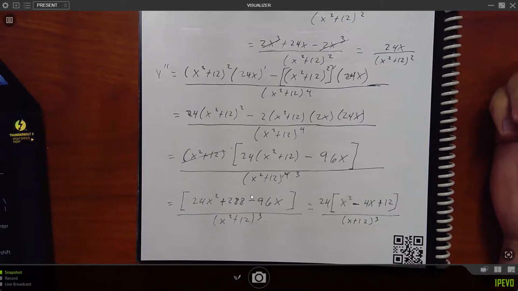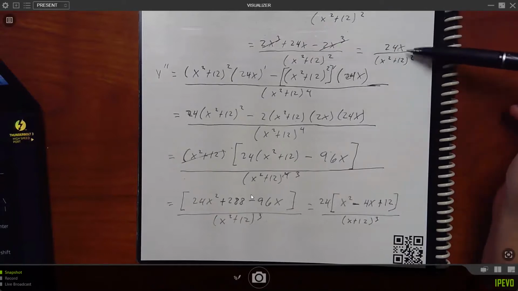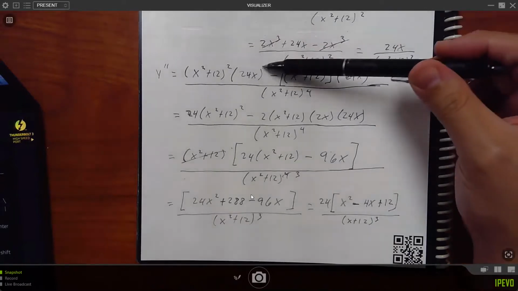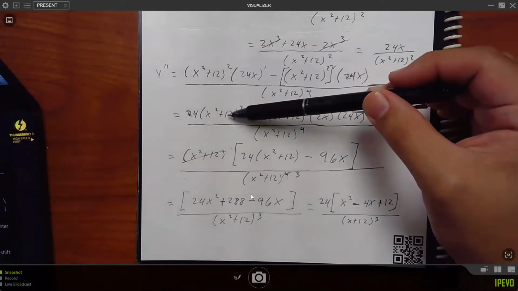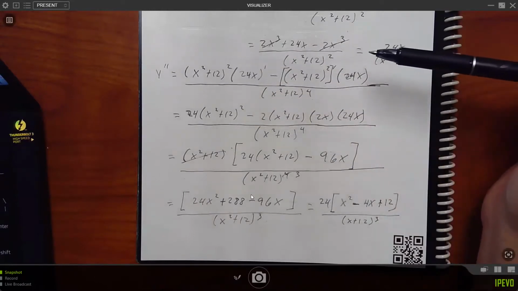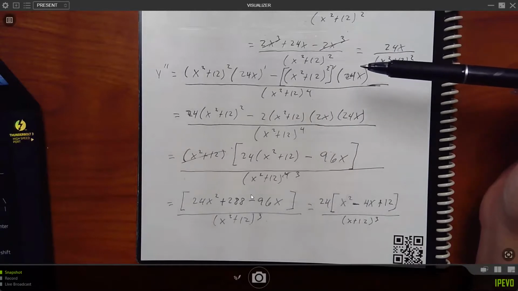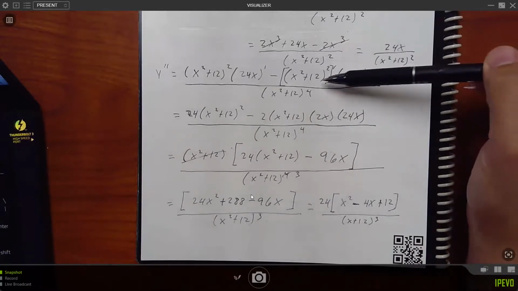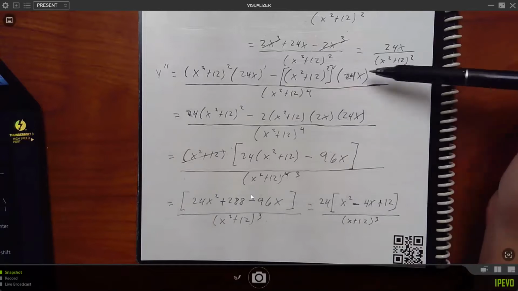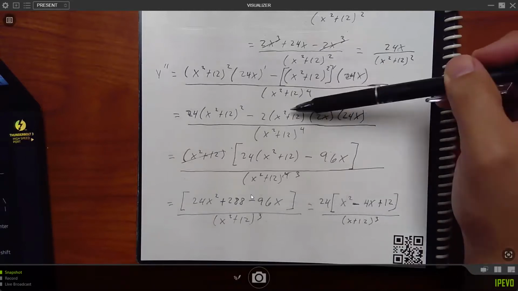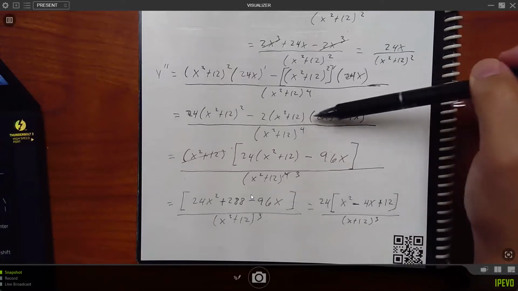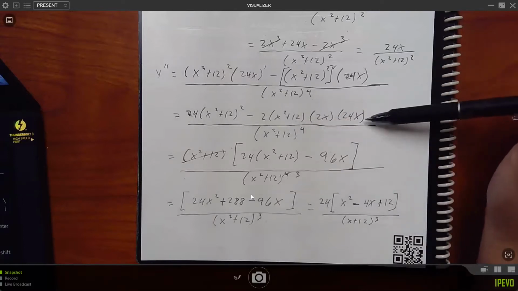Let's see here. We got 24x over this. Derivative of the top times the bottom. Derivative of this guy times the top. Going to be a chain rule. So bring that down, times the inside 2x, and that was already there.